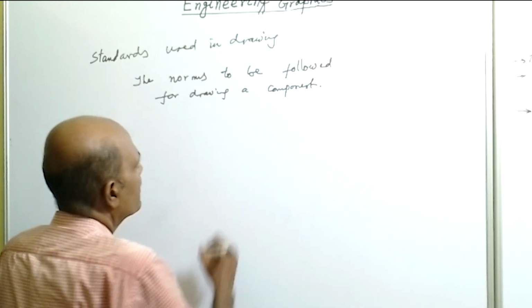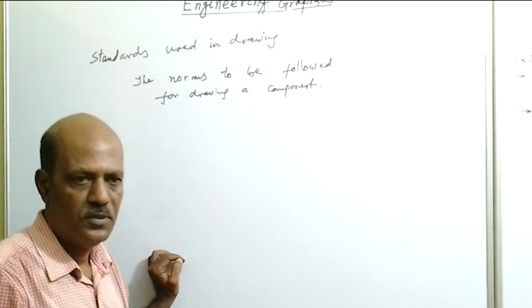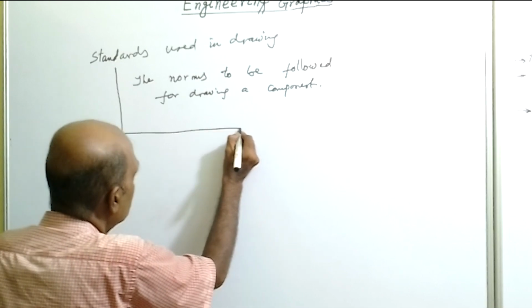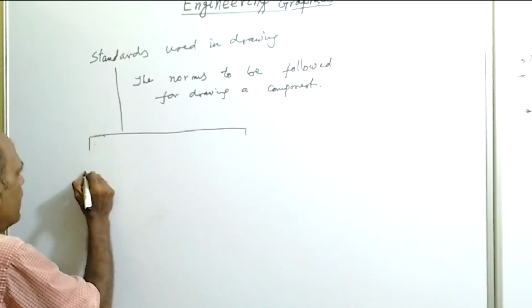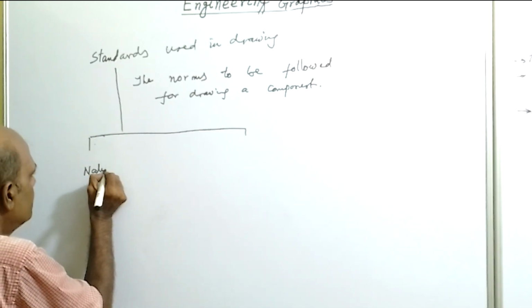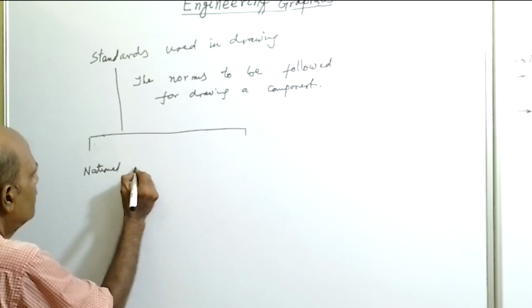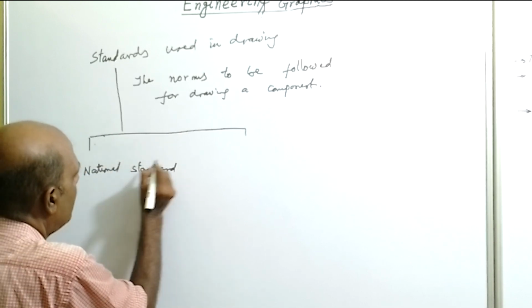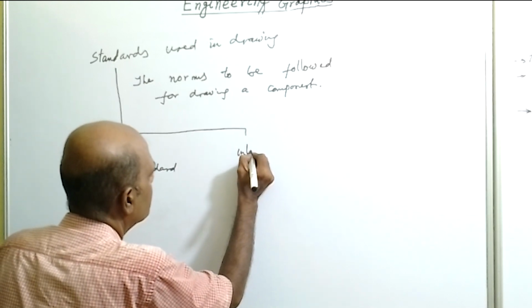There are two types of standards. One is called the national standard and another one is the international standard.